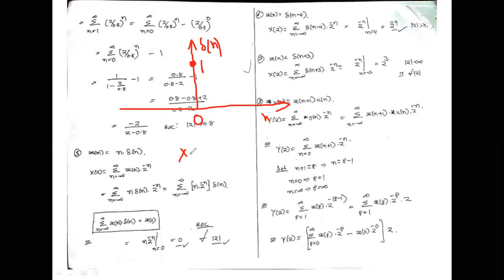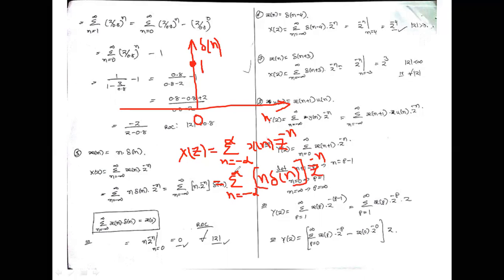So you substitute in the z-transform definition, X of z is equal to sum of n equals minus infinity to infinity of x of n z power minus n. What is x of n here? x of n is n into delta of n, times z power minus n.